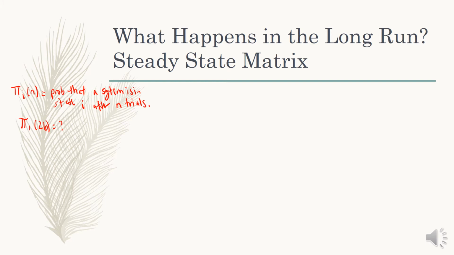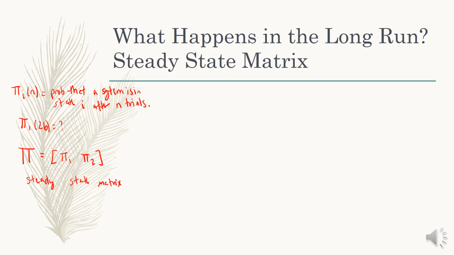Remember that each trial is a week. Then we're going to label capital Pi as our steady state matrix. And it's going to be pi 1 and pi 2. So pi is your steady state matrix.